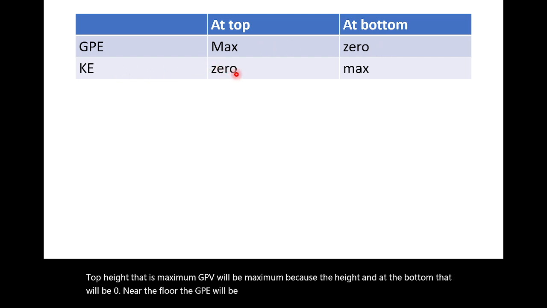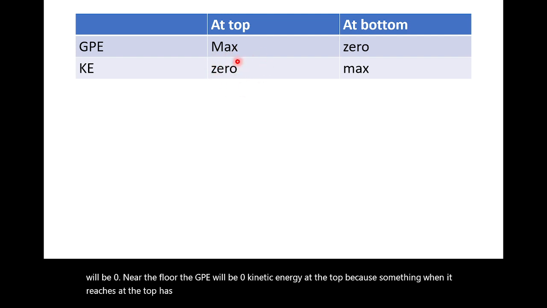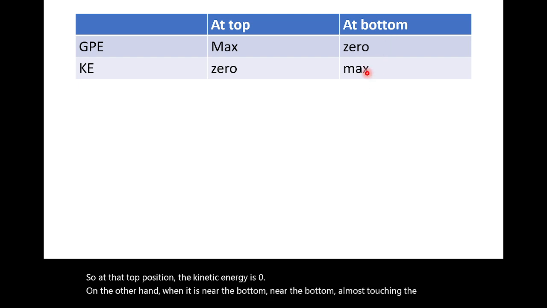Kinetic energy at the top, because something when it reaches the top has zero velocity and then starts coming down, so at that top position the kinetic energy is zero. On the other hand, when it is near the bottom, almost touching the bottom, it will be maximum.